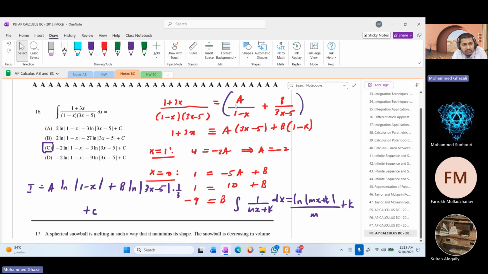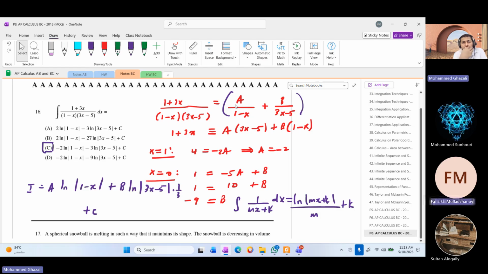Wait 1 second, let's just double check. 1 minus x. Is that correct? Yeah, I'm pretty sure it's correct. -2 ln 1 minus x minus 3 into 3x minus 5 plus c.